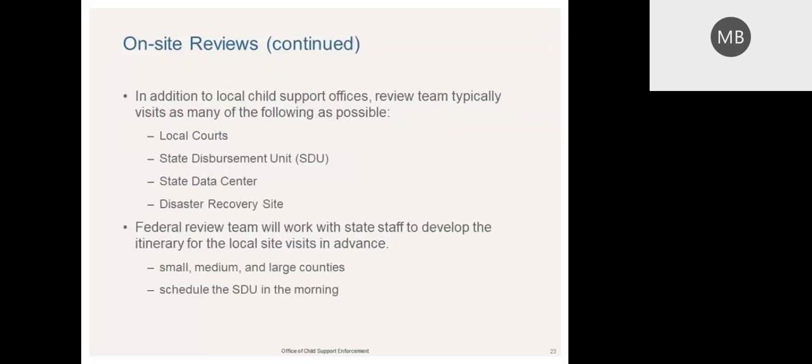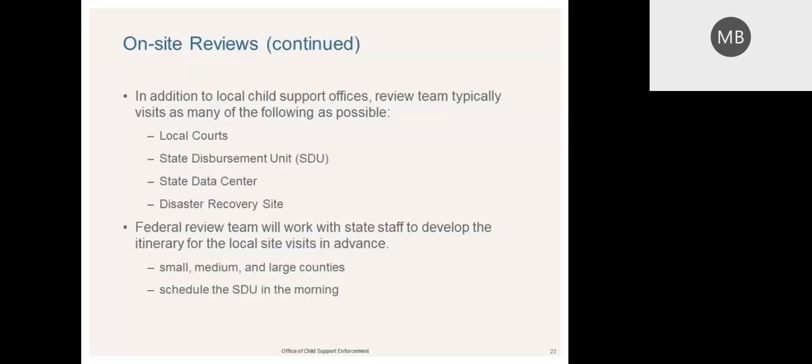In addition to the local child support offices, the review team may be interested in visiting the local courts to meet with state attorneys and the legal division staff to understand the prosecution of cases involving judicial action, scheduling hearings, and preparing legal documentation with the family courts on behalf of child support enforcement.